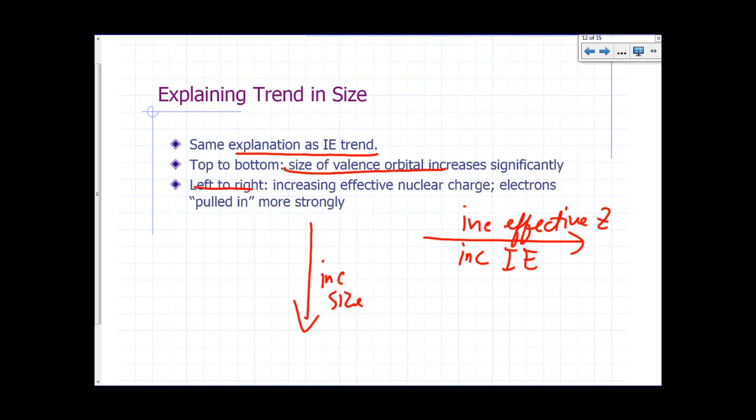The outermost shell is more or less the same, so sizes are similar, but it will be dropping because you're going to be pulling in those electrons a little bit more strongly as you go from left to right due to the increasing effective nuclear charge. So increasing ionization energy we associate with decreasing size of the atom.